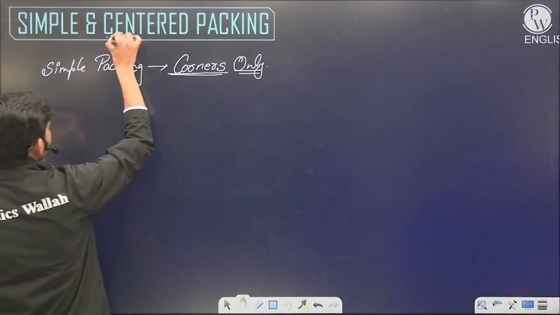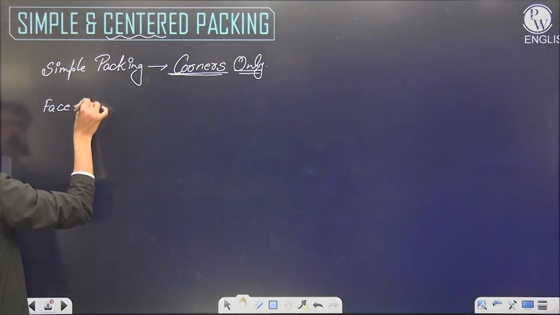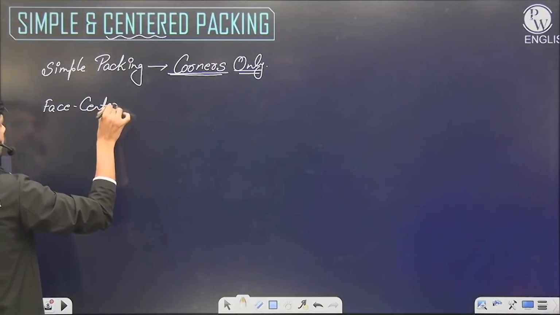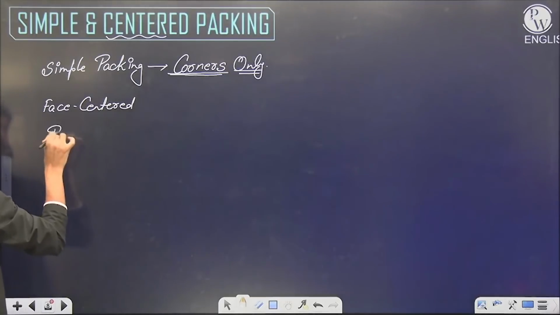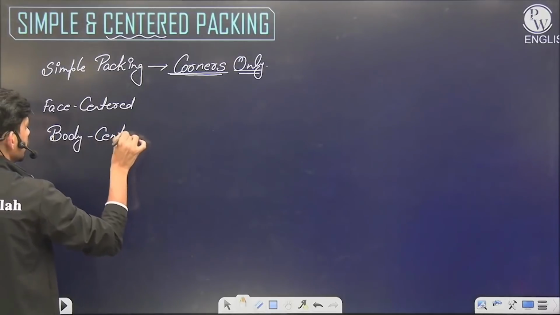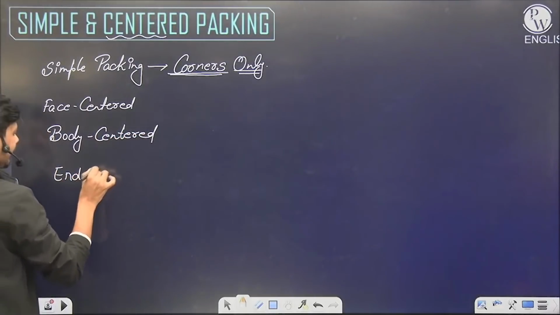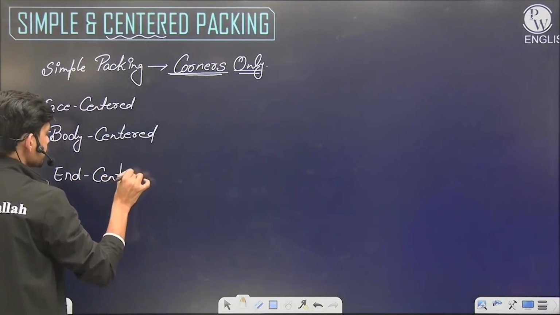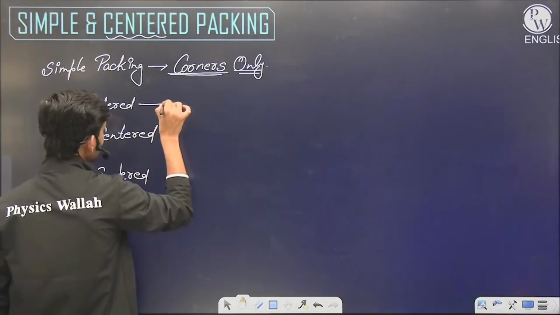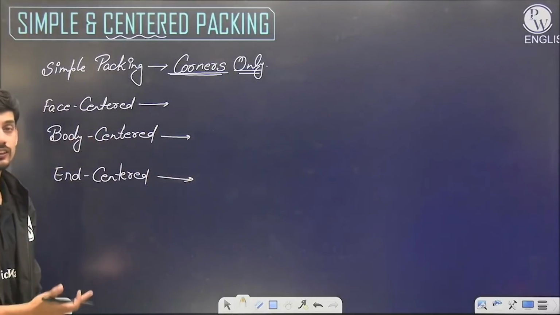Next, the packings are called centered packing, like face centered, body centered, and end centered. These are the 3 centered packings. In these centered packings, the corner is compulsory because without corners the structure cannot be formed.